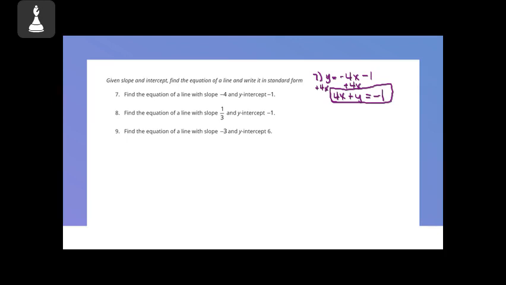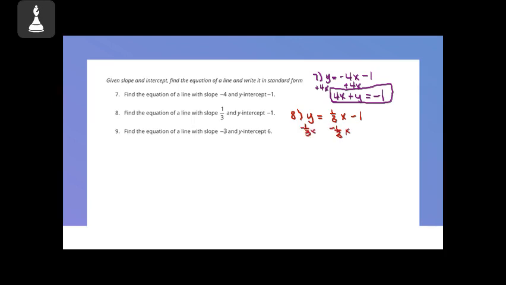Next up is 8. Find the equation with a slope 1/3, y-intercept negative 1. So we start with y equals 1/3 x and then minus 1. So once we have it here, we're going to move the x term back to the left side. This is a positive 1/3, so I'm going to have to subtract 1/3 x from the other side.